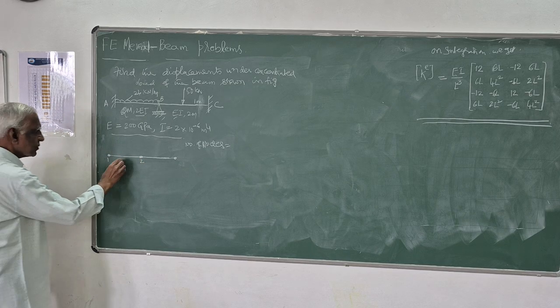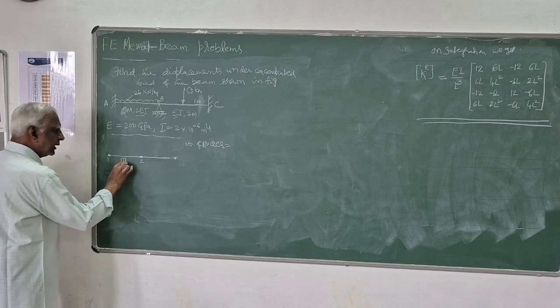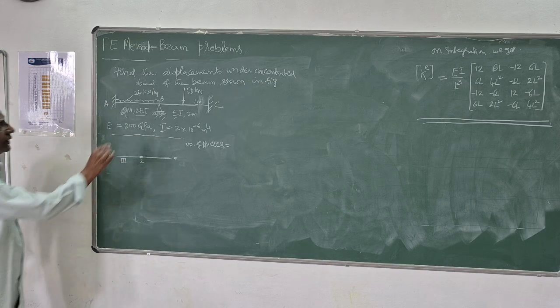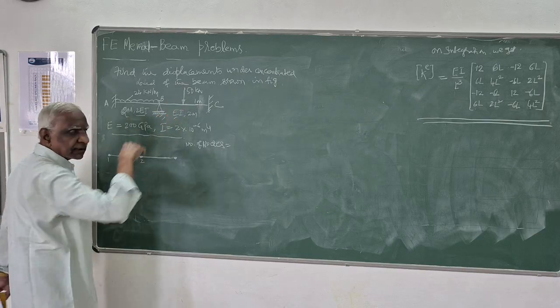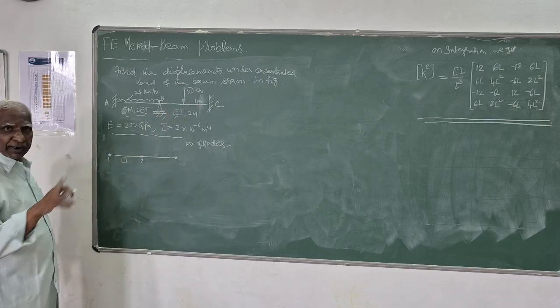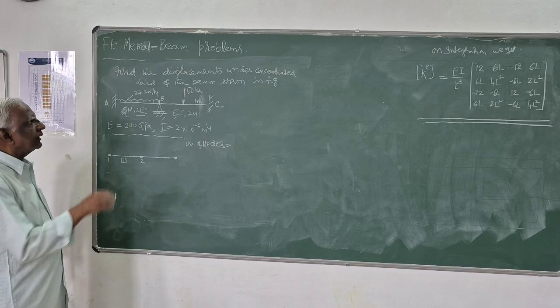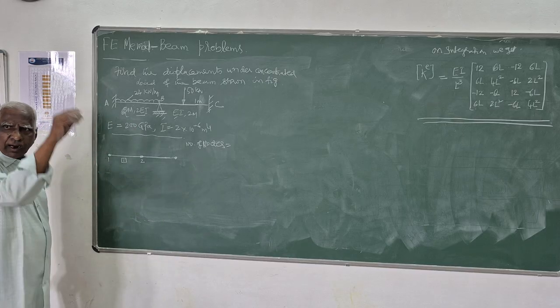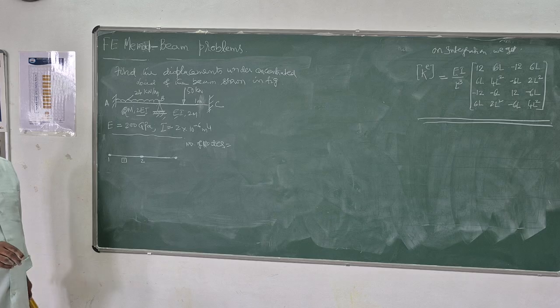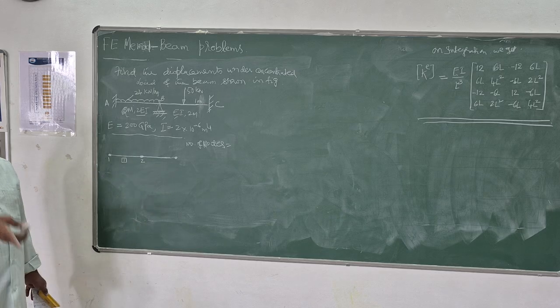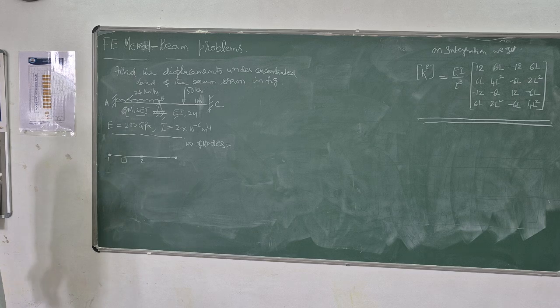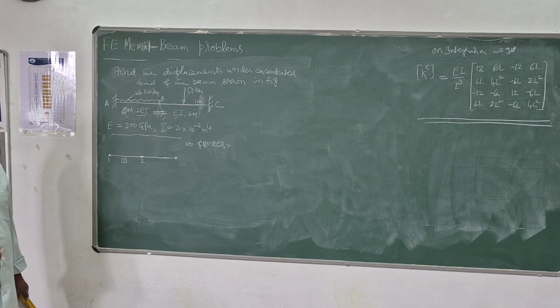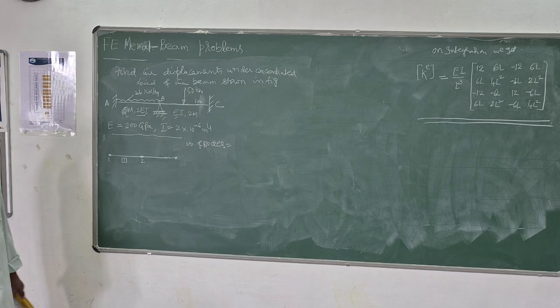Now this is 1 element and 2 nodes. And when we come to this element, here there is a concentrated load, and I told you in the finite element method, we have to select a node under that concentrated load point as well as at a moment. Suppose a moment is given at any point, we have to select a node there also, at the points where moment and concentrated loads are acting.